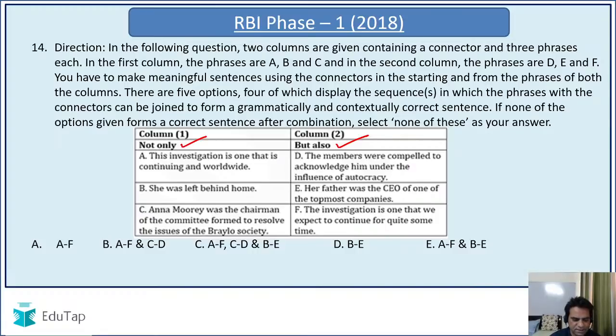Question A is, guys, this investigation is one that is continuing and continuing worldwide. She was left behind home. Anna Murray was the chairman of the committee formed to resolve the issue of the Braille Society. The members were compelled to acknowledge him under the influence of autocracy. I don't think this matches with anything.